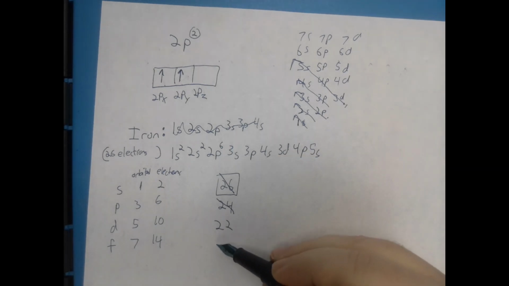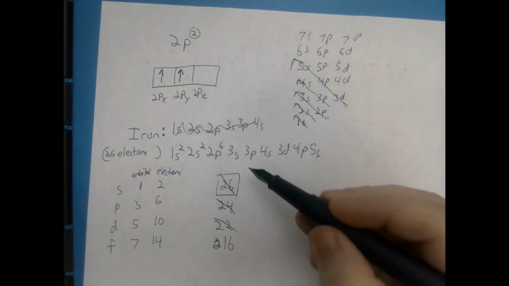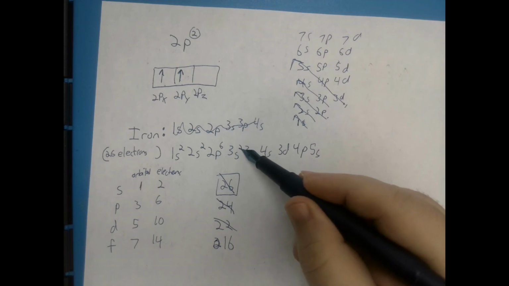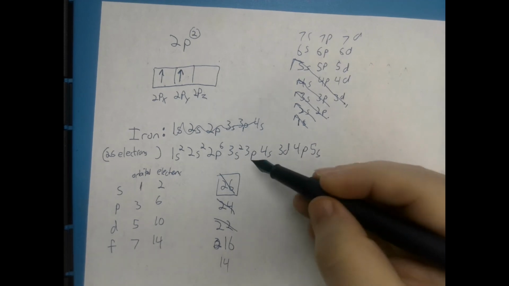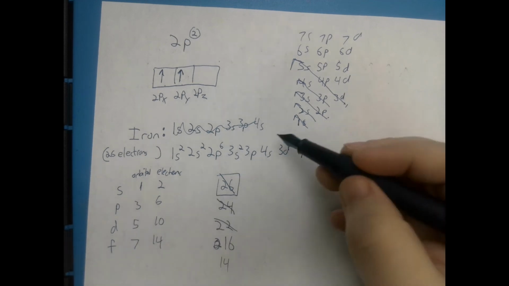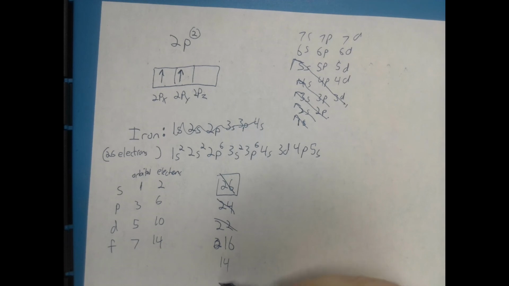So that would be 16. 2 can go into the s orbital, 14. P can have 6 more. So put 6 in there.